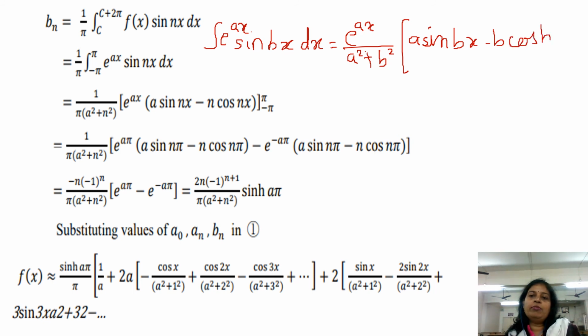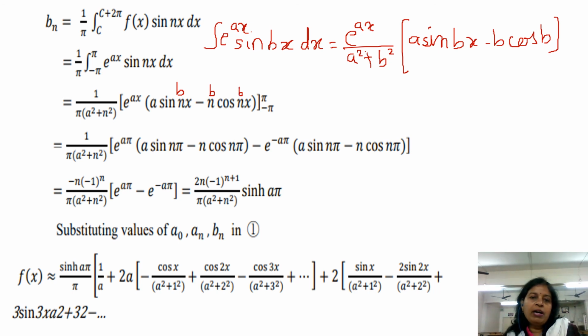Now using this formula, in place of b we have to put n here, so this is your b, and here this is b cos bx. In place of b we have to put n.